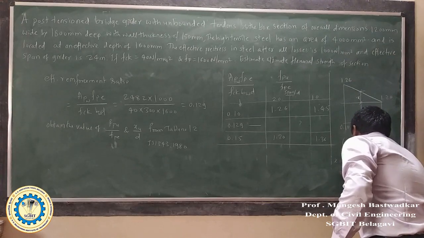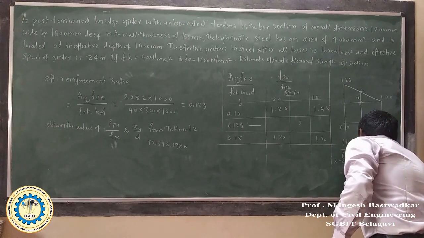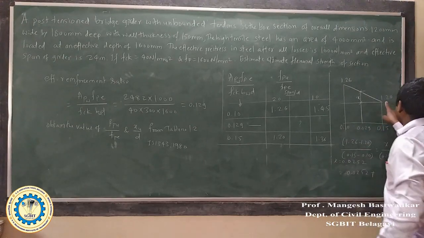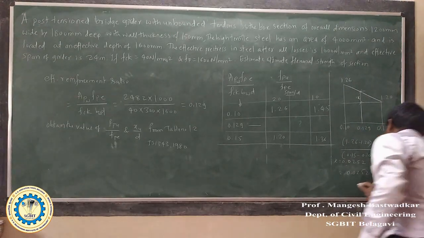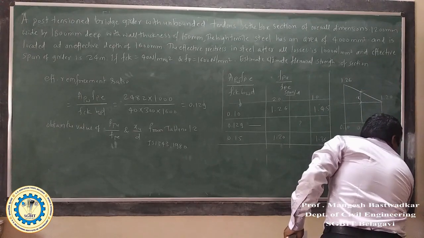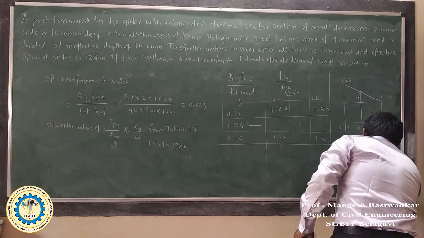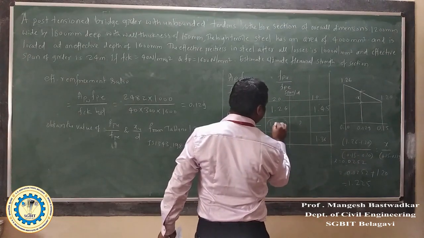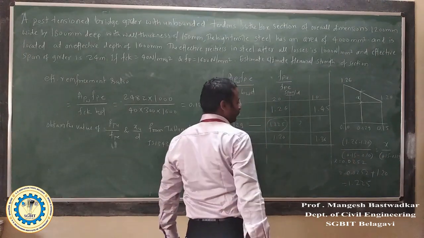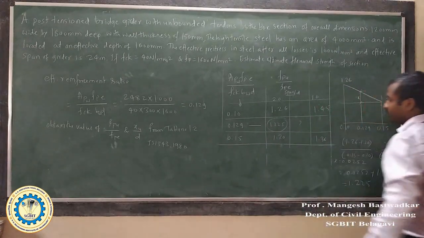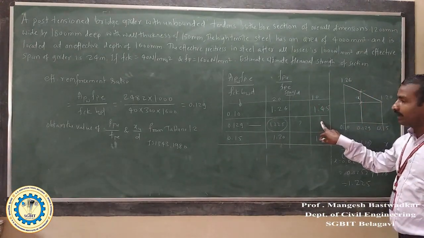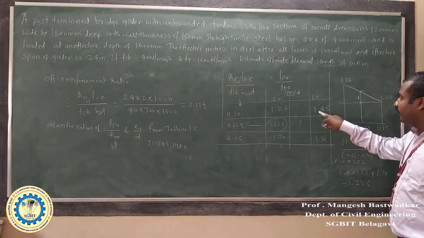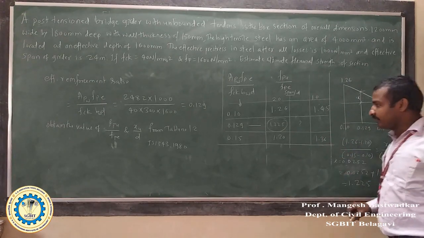Okay, so here you will get 0.0252 plus this 1.20, so you will get 1.225. So you will get this value 1.225. Okay, so now similarly we will interpolate the value for this in between 1.45 and 1.36.